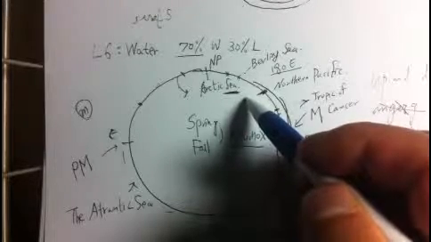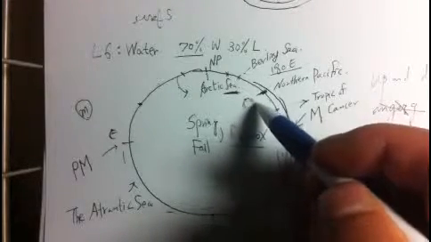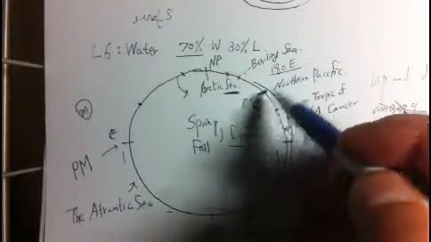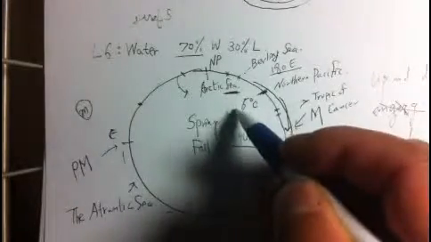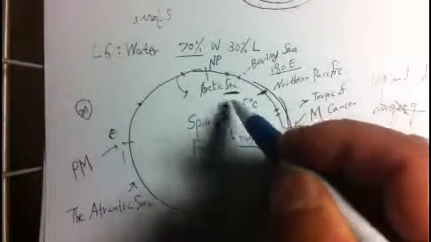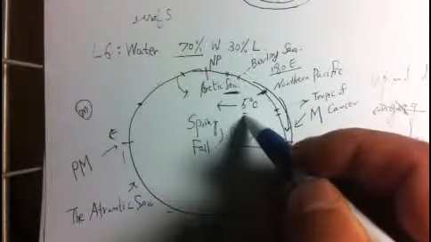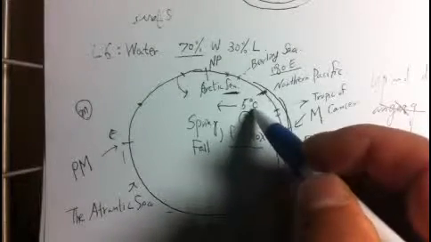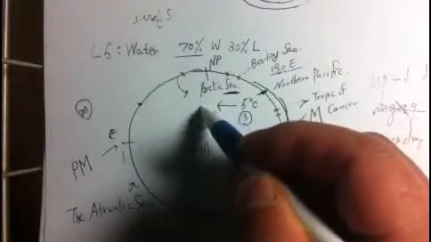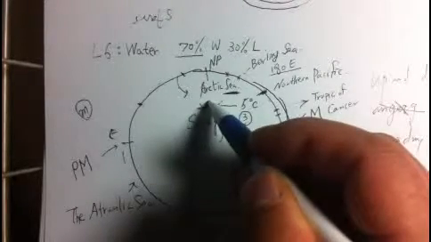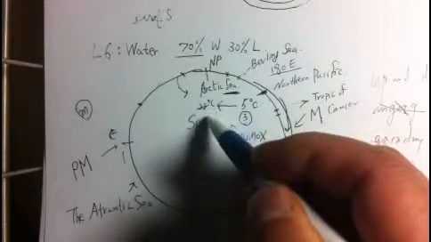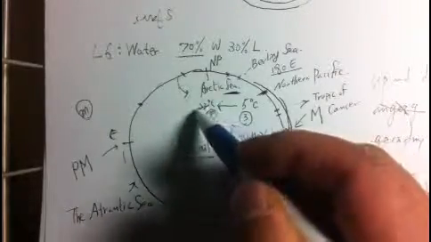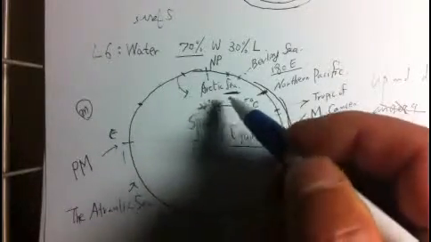For example, 5 degrees Celsius in March, slowly up to 22 in September at the fall equinox, and then slowly down.